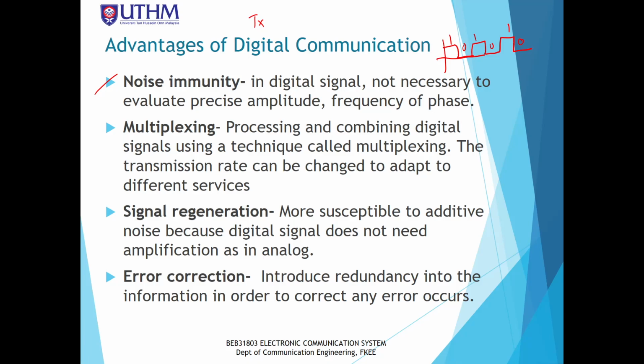This is different from analog. Analog has infinite shapes of signals, different in terms of amplitude, frequency, phase, and so on. But in digital, everything looks the same, in terms of 1, 0, 1, 0, 1, 0. So it is easier to detect the error and correct the error.